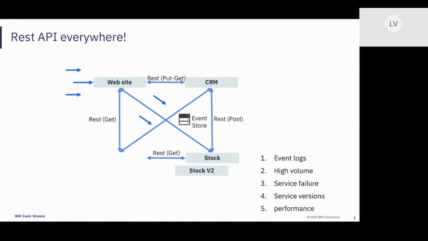Are you able to manage two versions in this case? Those are some questions you can have in mind to be able to upgrade your solution. And that could also be a value of using IBM Event Streams.